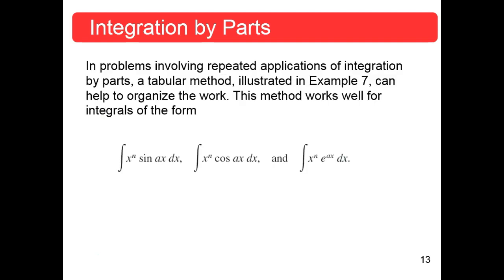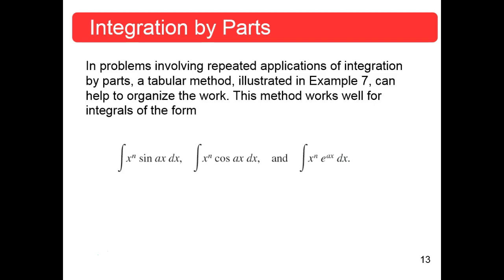Okay. All right. In problems involving repeated application of integration by parts, a tabular method illustrated in example 7, which we'll do just in a minute, can help organize your work.